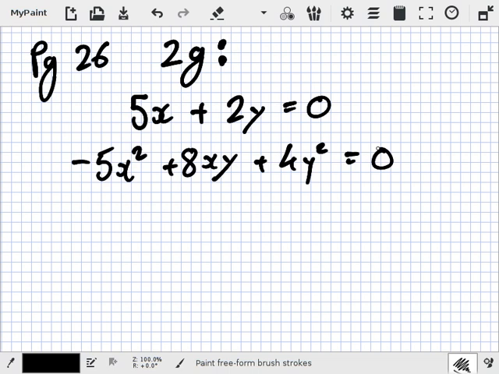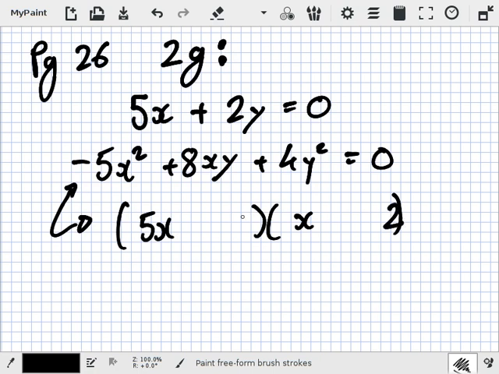The best way to do this one is by factorizing, yeah. So what you do is you change this fella. Well, okay, it has to be 5 and 1. And one of them has to be a minus. We'll figure out in a moment. I need an 8, 2 and 2? 5x plus 2 and minus x plus 2y.